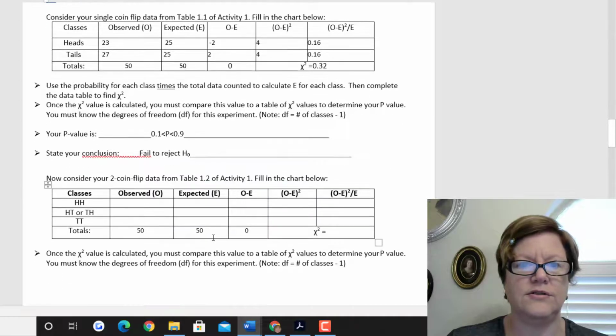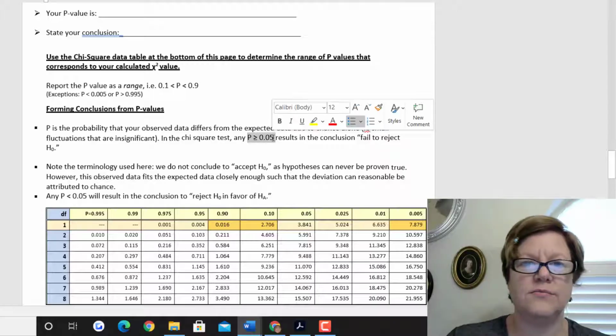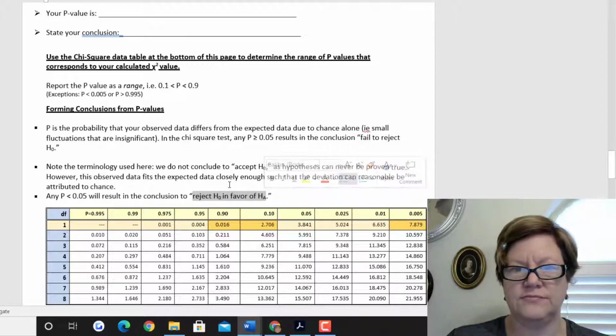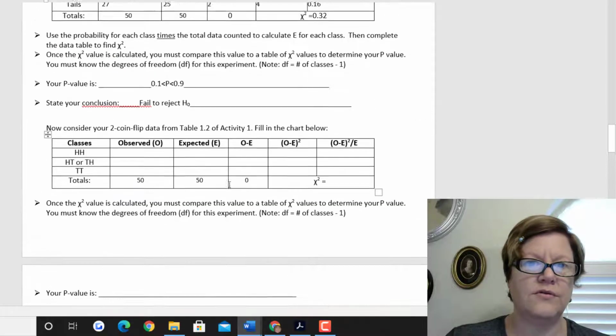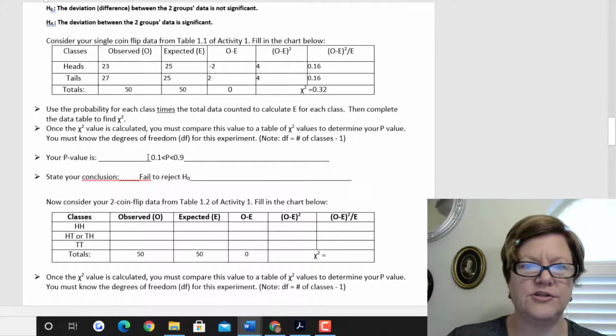You can use the same language: you either fail to reject H null, if p is greater than 0.05, or if p is less than 0.05, reject H null in favor of HA. On the data I got, with the chi-square number of 0.32, this would be my p-value from the chart, and this would be the corresponding conclusion.